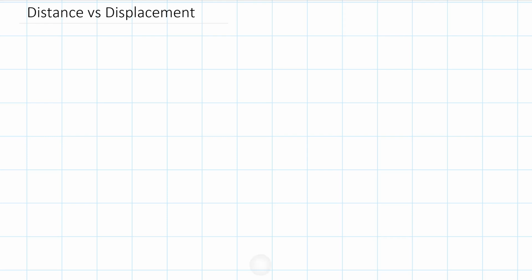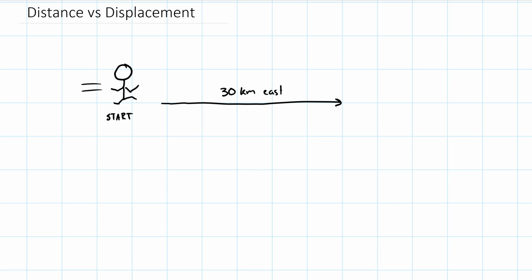So imagine you are starting, there's my guy, running, and you're starting at 0. And then you run 30 kilometers east.